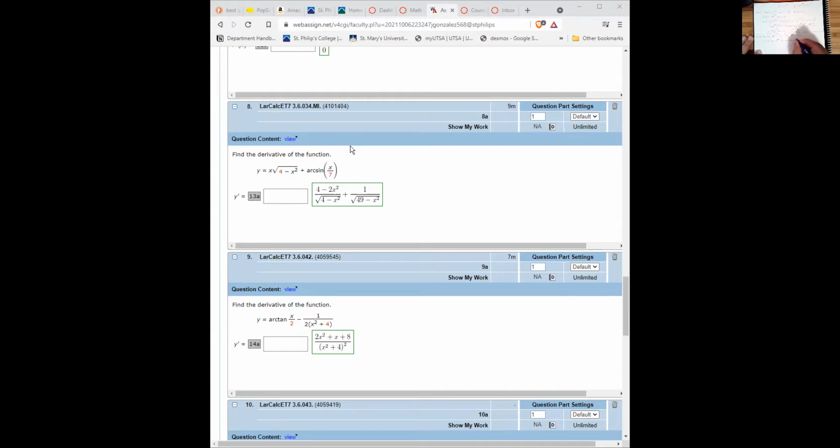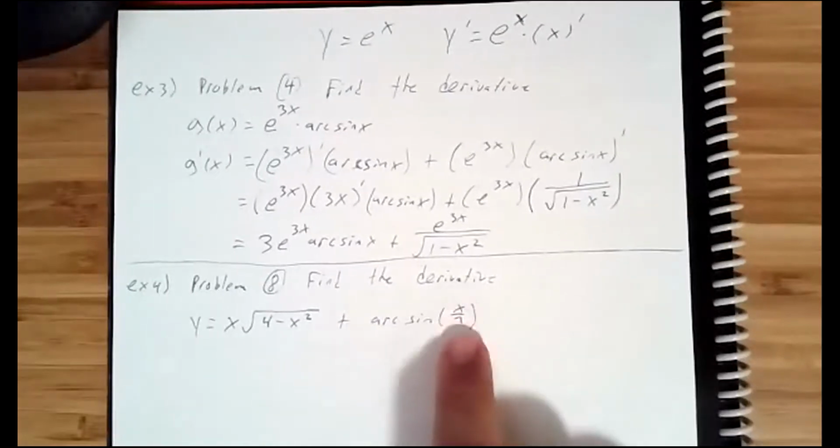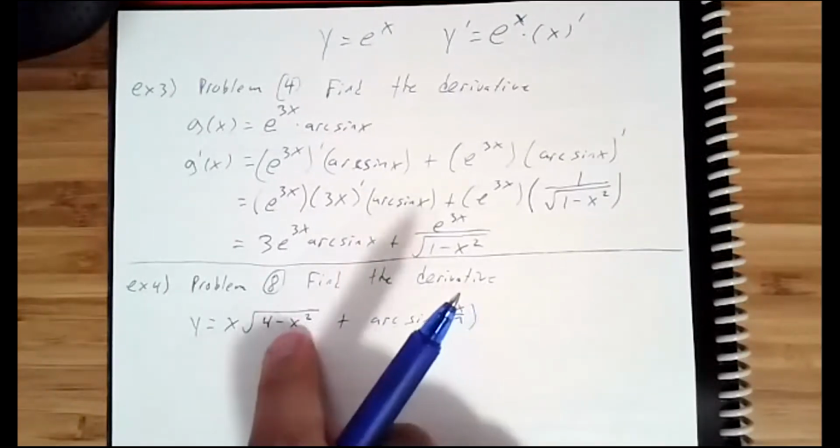Okay. This time I'll be careful not to forget the chain rule. It's going to happen again here. And then there's a chain rule inside of the root.